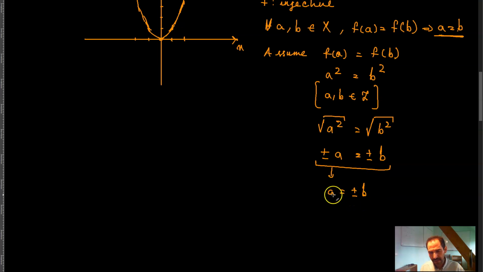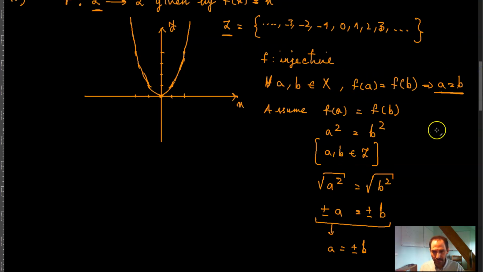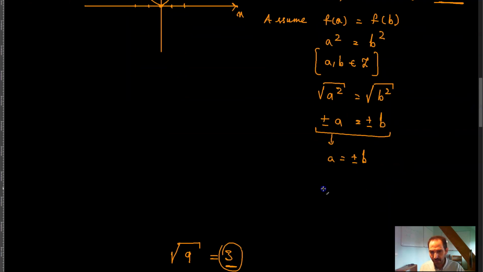Now, in the event that a is equal to negative b, then of course f cannot be injective anymore, and therefore you can conclude that f is not injective.